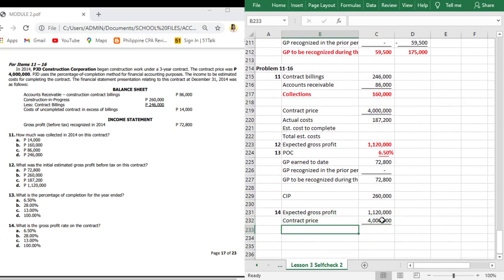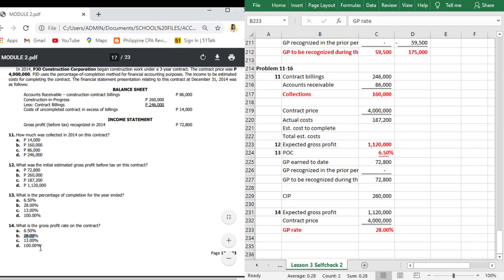Okay, so how much is our gross profit rate? So that is 1,120,000 divided by 4 million. Okay, we have 28%. Okay, 28% for number 14.